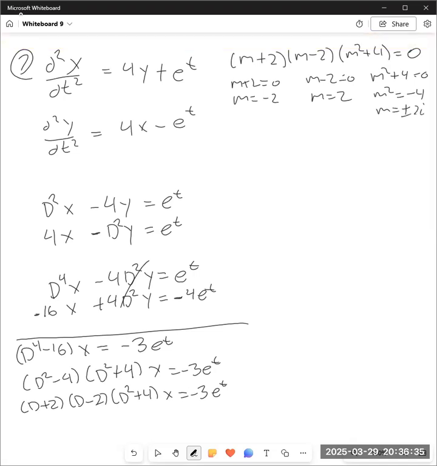I'm going to write the positive exponent part first. So xc is equal to c1 e^(2t) plus c2 e^(-2t) plus c3 cosine of 2t. Give myself a little bit more space here.